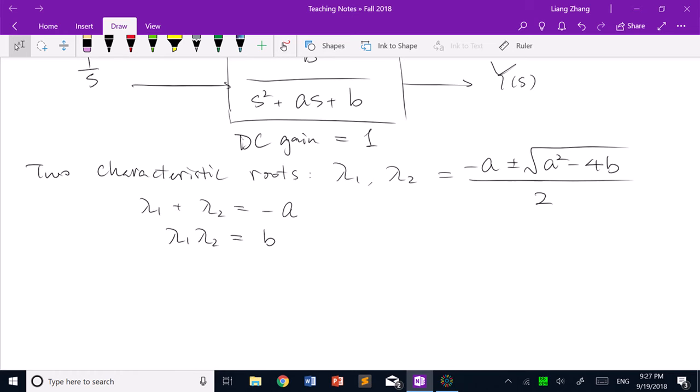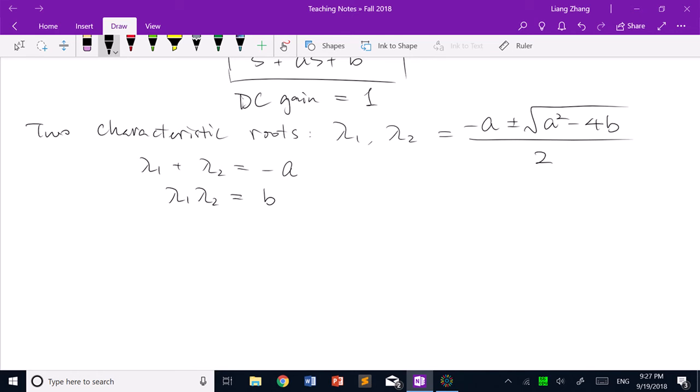So what else can be done? Now, if we look at the characteristic roots, the output signal can be written as the Laplace transform of your input, and then I have s minus lambda 1, s minus lambda 2 as my denominator.